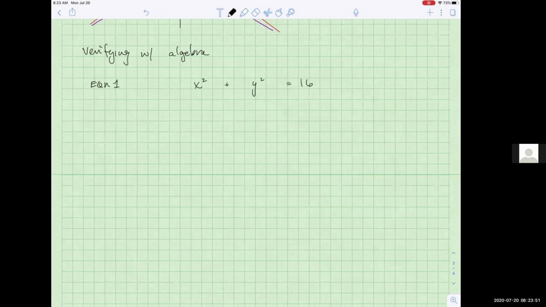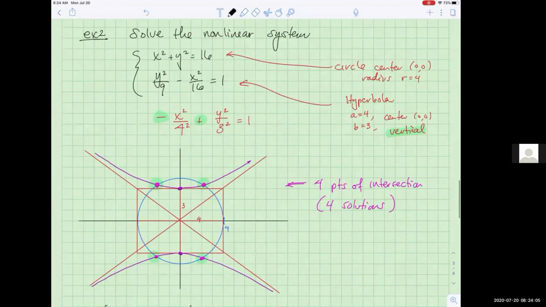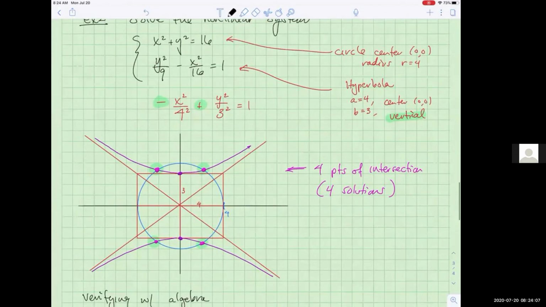And I'm going to rewrite equation 2 in an order that is easier to deal with. I want my x's first and my y's second. And I'm also going to multiply through by the common denominator, which is 144.